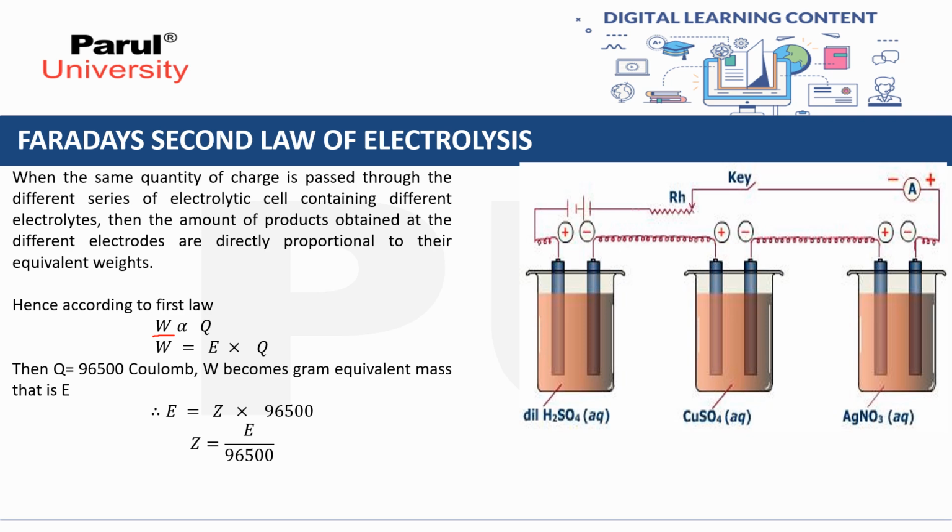Therefore, Z is equal to E upon 96,500, and hence the ratio of two electrolytic cells connected in series will give the electrochemical equivalent of the cell.